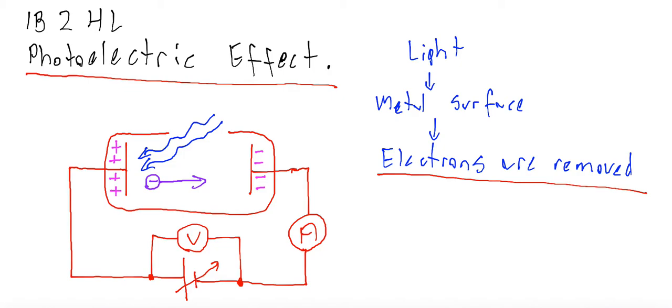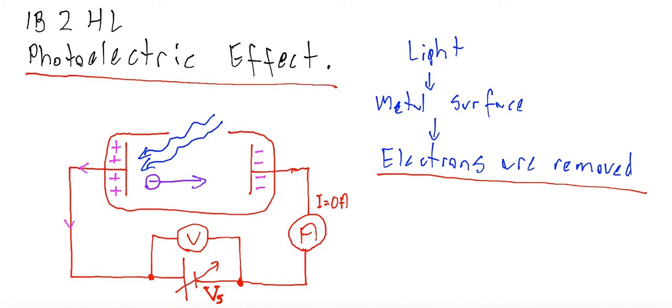To stop this current, we have to turn on the variable power supply. Okay, and for a specific voltage called stopping voltage, current doesn't flow in the circuit, which is registered by the ammeter, which shows 0 amperes. So again, practically in the circuit we have two currents.